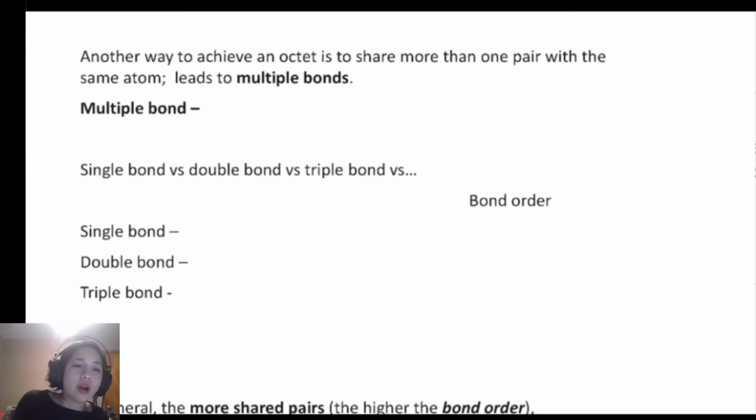and there are a couple of instances where double bonds are actually preferred over making single bonds. So let's define a multiple bond. And fun fact, in graduate school I worked with substances that had multiple bonds.